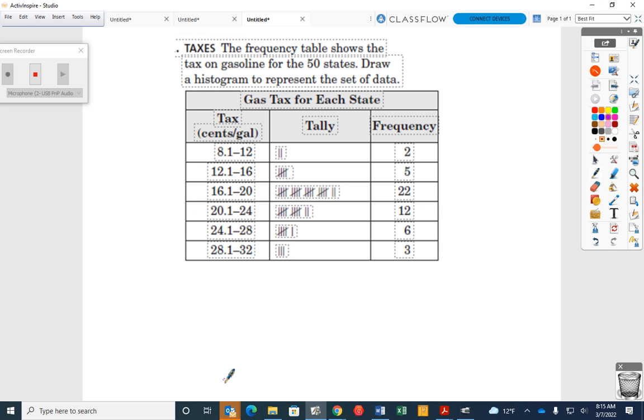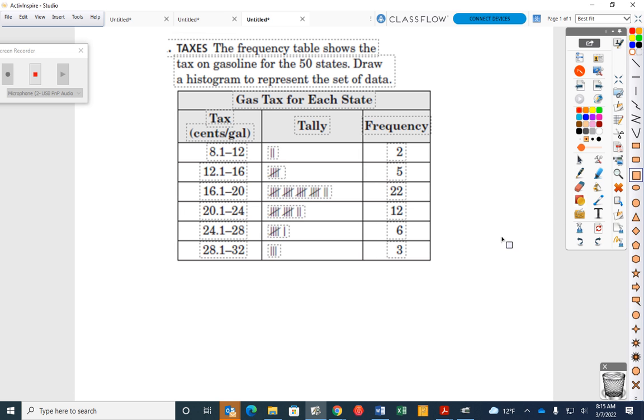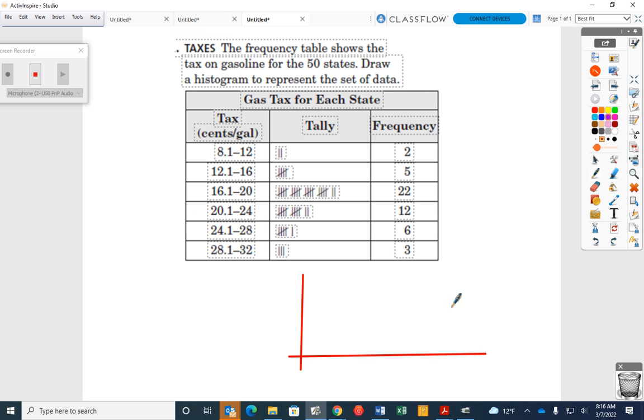Okay, remember, what's represented on the bottom part of our histogram? Intervals. Okay, so if we're doing our histogram down here, I should have 8.1 to 12. Wow, this is going to be a big one.